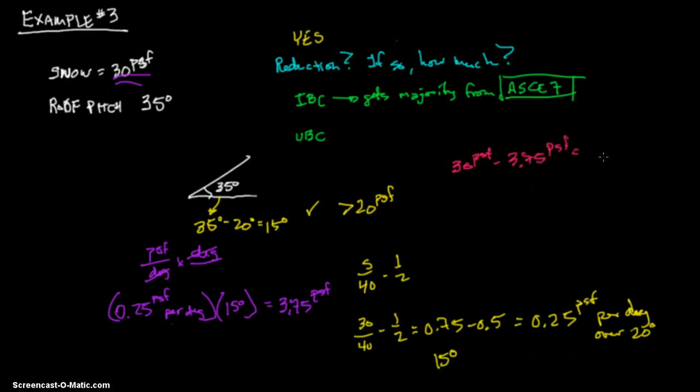I can do this in my head, 26.25 PSF. I like to keep in mind that this is just a means to an end. That's not going to tell you anything, and if you focus on this, you're going to say, oh, I can use 3.75 pounds per square foot for my snow load, and that's just not right. That's actually your reduction. So here's your answer.